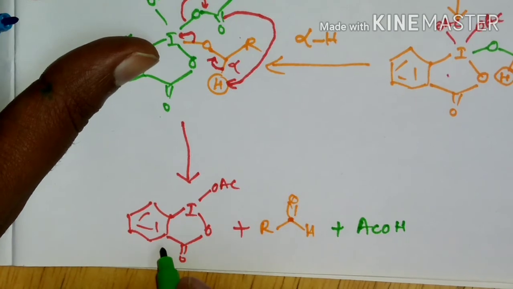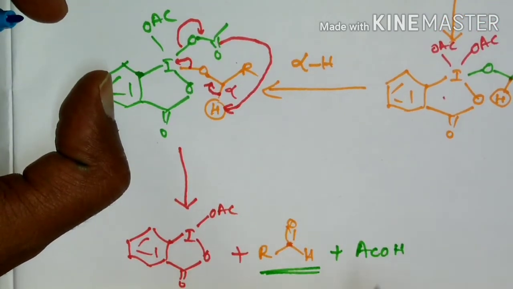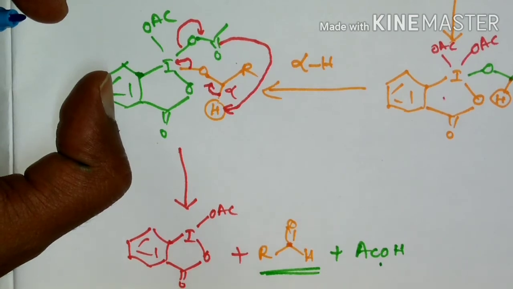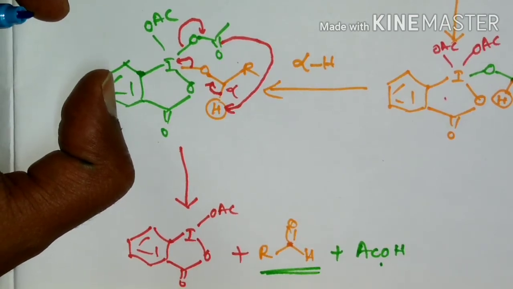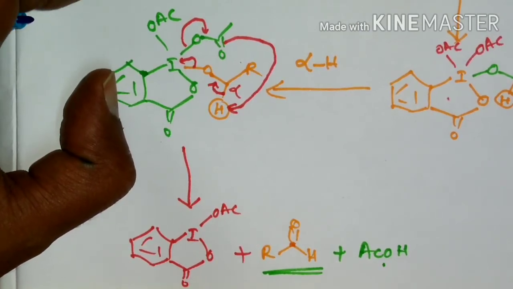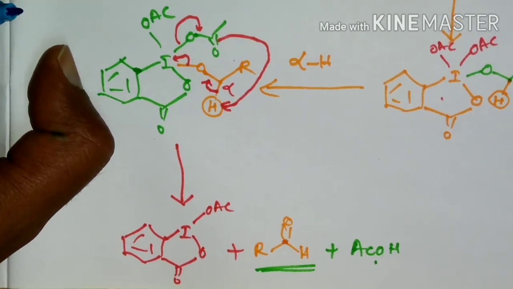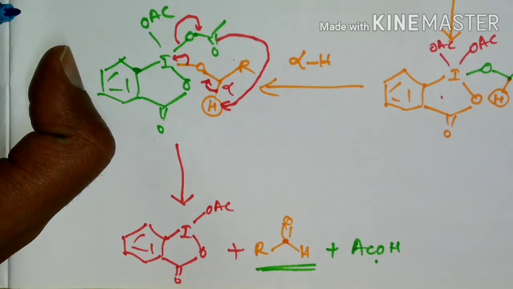So this is the iodinane, this is the carbonyl compound, and acetic acid. These two byproducts can be easily removed and we are going to get a high yield of carbonyl compound. This is the mechanism of how DMP is going to oxidize.